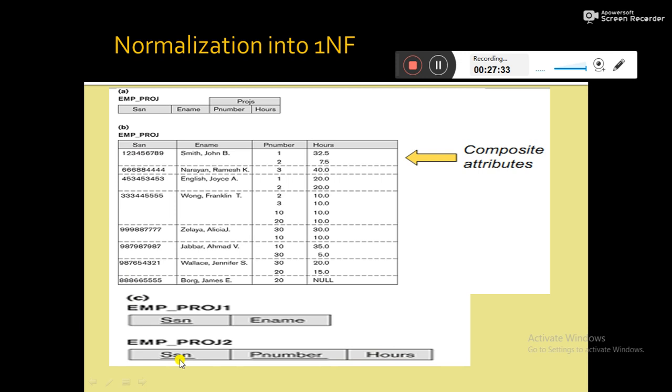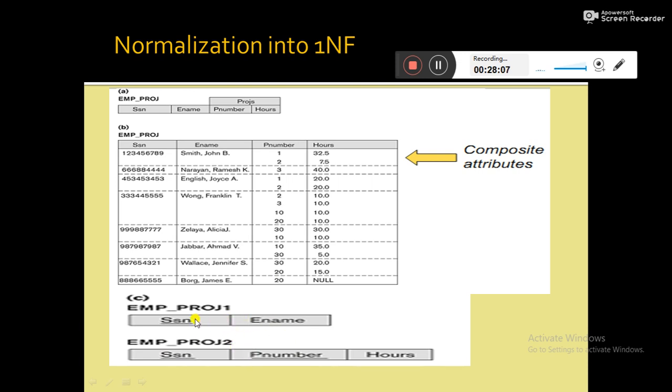So that is how we can convert any relation into 1NF. So this was the original relation. It is broken down into two sub relations, EMP underscore PROJ1 and EMP underscore PROJ2. After converting it into 1NF, we come up with these two relations.